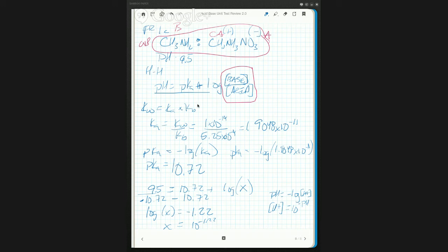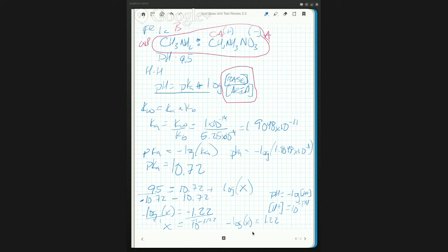Okay, so here's the deal. This is what I'm trying to figure out. Remember, the pH is equal to negative log of the H plus concentration. There's no negative here, but if I divided both sides by negative 1, then this would become negative, and I would have negative log of x is equal to 1.22.